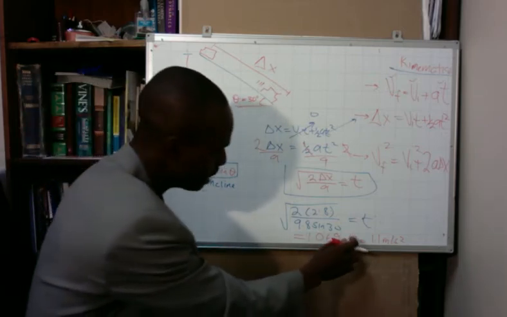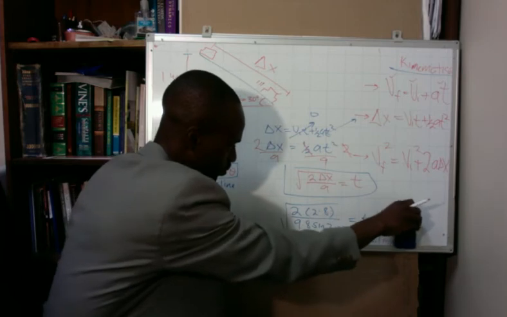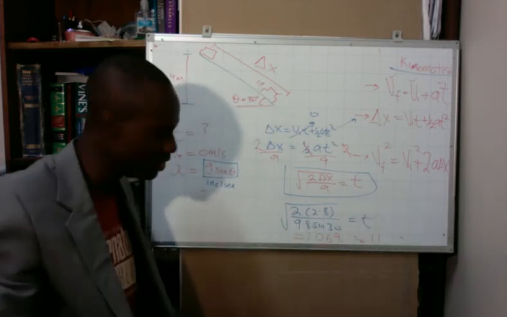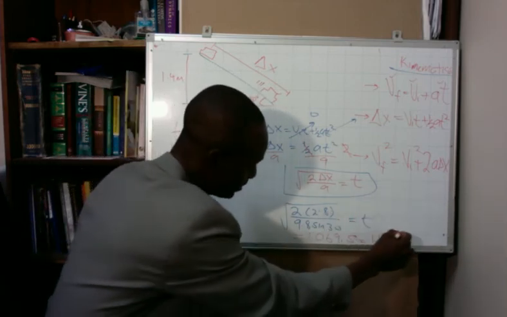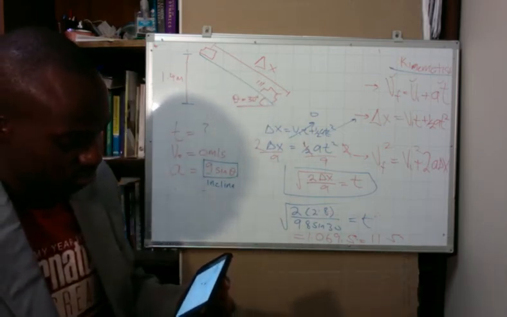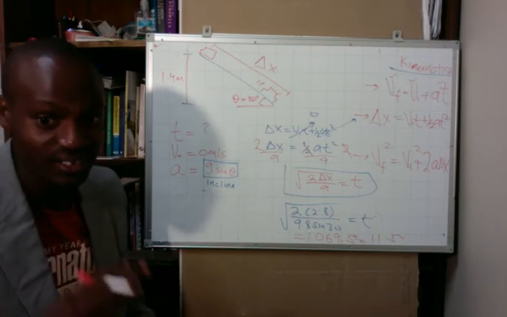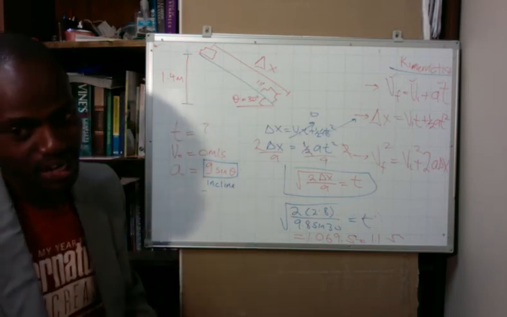Actually, we're talking about time here, so it's in seconds, not acceleration. So 1.1 seconds. The workers have to be on top of their game. They only have a second. Oh, this piano is off.